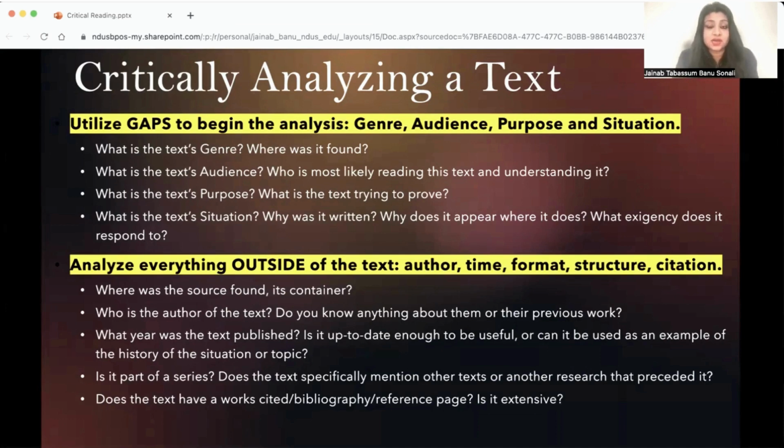Now I write columns in the Daily Sun, which is a Bangladeshi English newspaper. So my columns are available online, you can just click on my name, Jainab Tabassum Banu Sonali there, and it will take you to either my profile or the other articles that I have published in the Daily Sun.